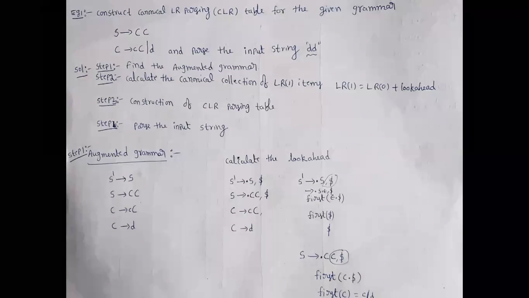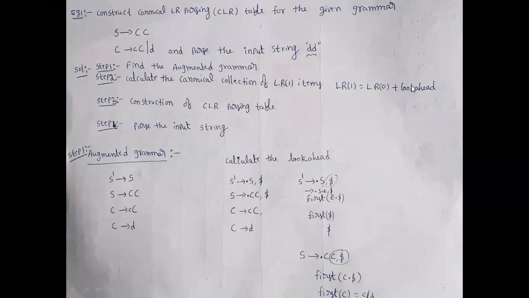We are using four steps. First, we calculate the augmented grammar. Second, we calculate the canonical collection of LR(1) items. LR(1) means LR(0) plus lookahead, so LR(1) items are LR(0) items plus lookahead.